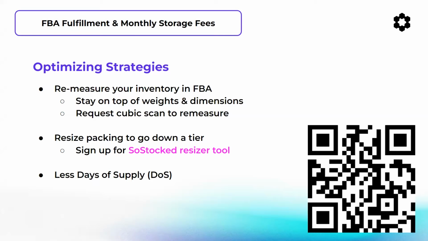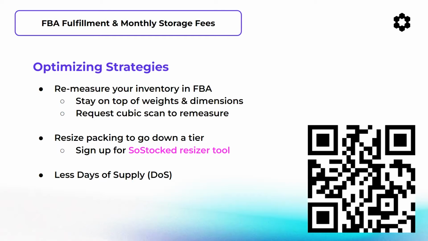The other part is resizing the packaging to go under a tier. So if you scan this QR code, you will go to the resizer tool that SoStock has, where you can input your units or the information of your product one by one. Or there's actually an option, and we'll share more about that, where you could do an audit of your whole catalog completely automatically.